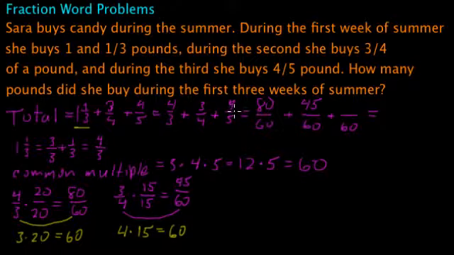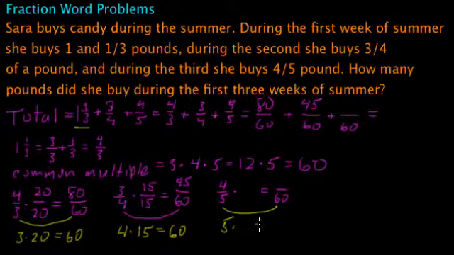And lastly, I have the fraction 4/5. 4/5 times 1 is going to equal some number of 60ths. But which value of 1 am I going to use? 5 times something equals 60. Well, 60 divided by 5 is 12.